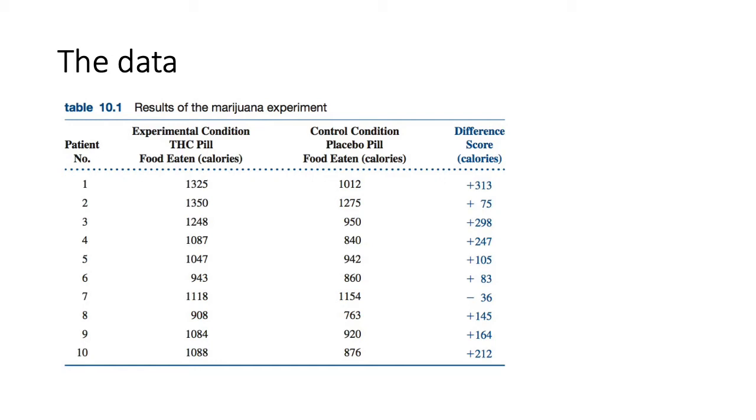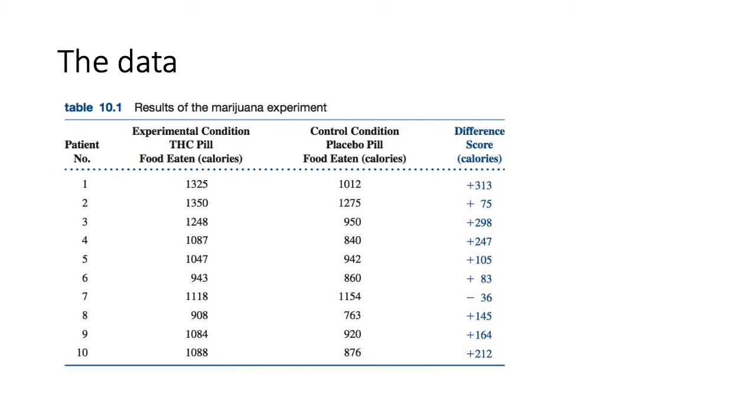How much more did they eat after ingesting THC in the experimental condition versus control? And you see that in the 4th column. When we see a plus next to it, which in this experiment means they ate more after THC, so they ate more in the experimental condition. And this person ate 313 more calories in the experimental condition.